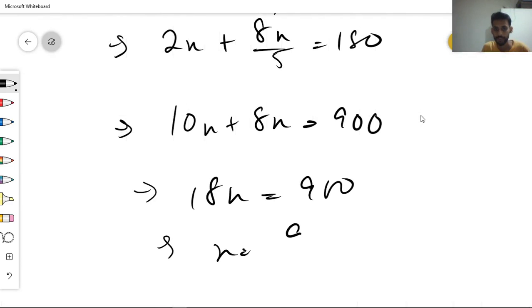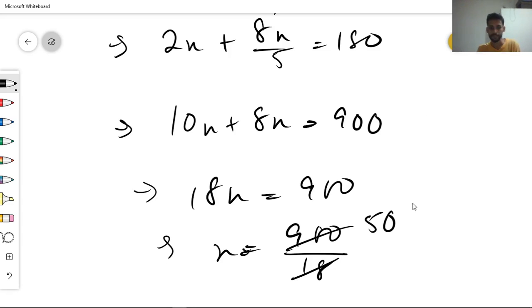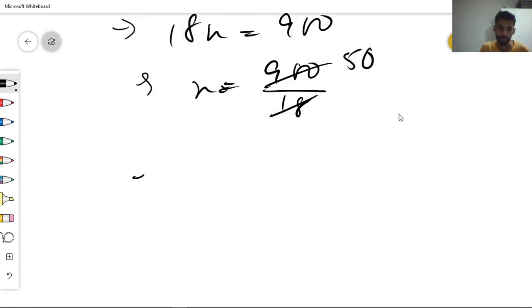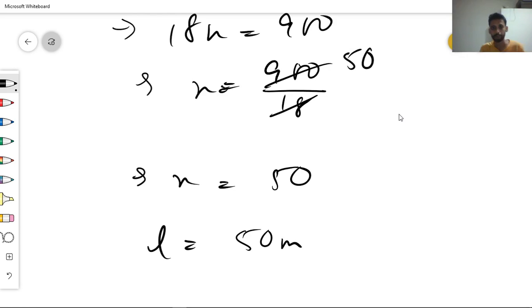So x will be 900 divided by 18, that is 50. So we got the value of x is 50. So the length will be how much? Length will be x, so that is 50 meter.